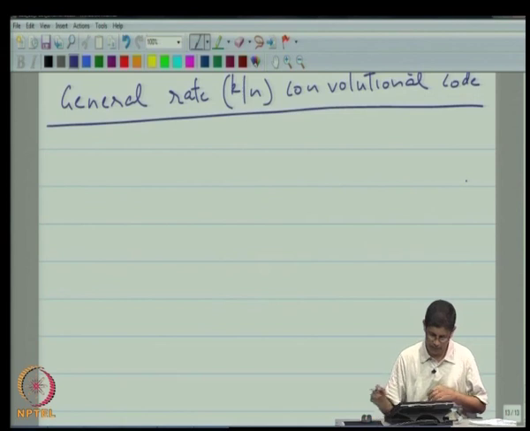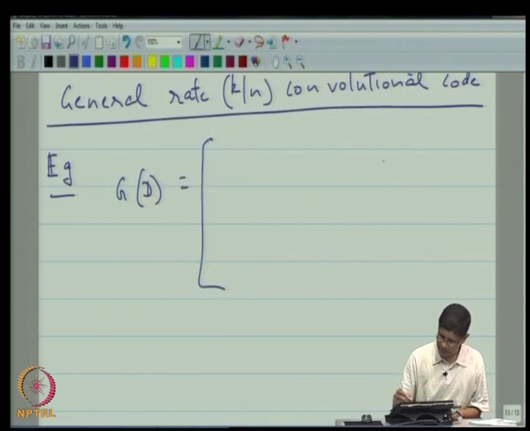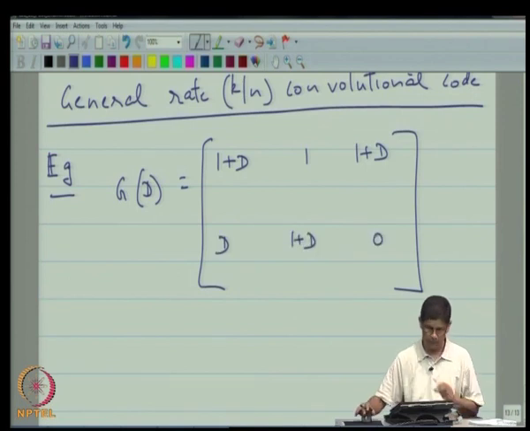And again we will begin this with an example, and I will just give you the example in terms of the polynomial generator matrix, and I will just write down that it is 1 plus D, 1, 1 plus D, D, 1 plus D, and 0.